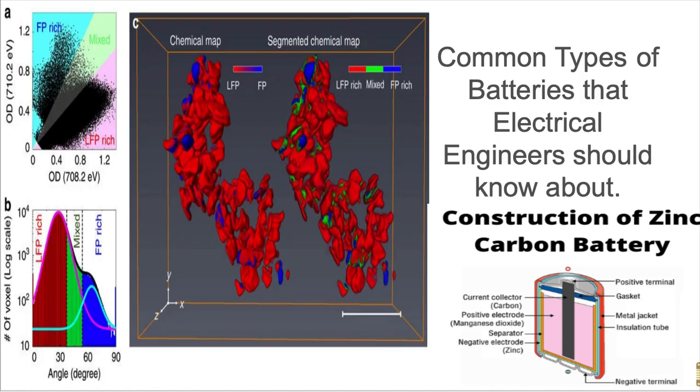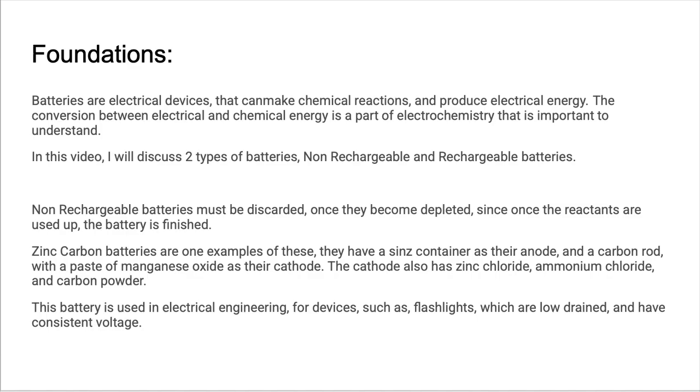I mentioned this battery earlier on in the video, so now I'll discuss it. Zinc carbon batteries are an example of non-rechargeable batteries. They have a zinc container. They have an anode and a cathode. This battery's anode is the zinc container.